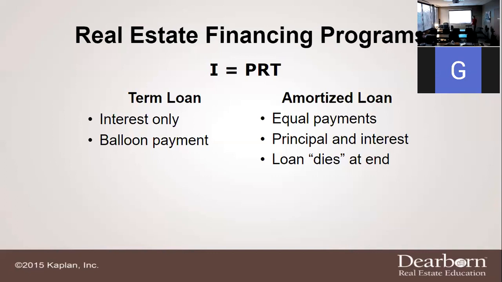If he is in a fully amortized loan, he's going to make equal payments to principal and interest every single month. And when he pays his last payment, guess what happens? His loan dies and it's over. When he makes his very last payment, loan's dead, and Mr. Jacob gets a release, and he now is the owner of the property.